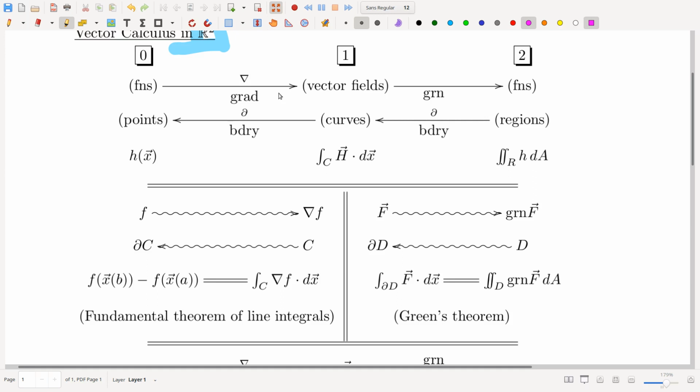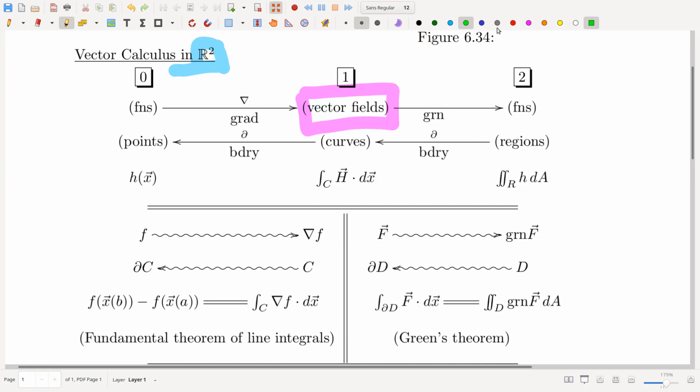I just want to point out one other last thing, and that is that there are certain special vector fields we've talked about. Recall from earlier in today's lecture, we talked about gradients. Vector fields that are gradients of some function, which I like to call an anti-gradient, as you may recall, are the same as vector fields for which Green's operator is 0.